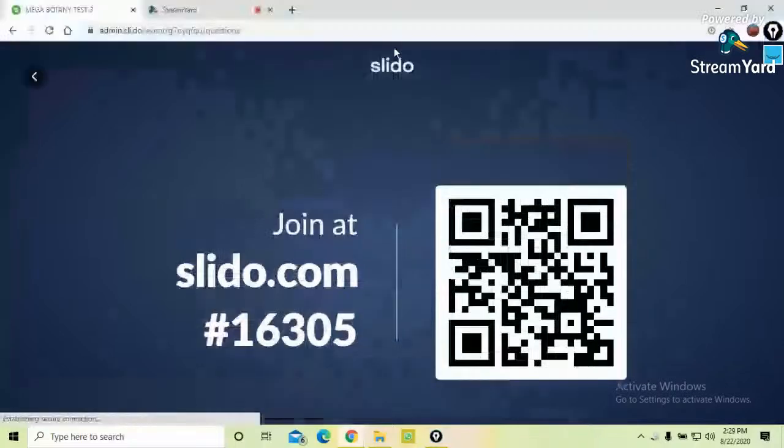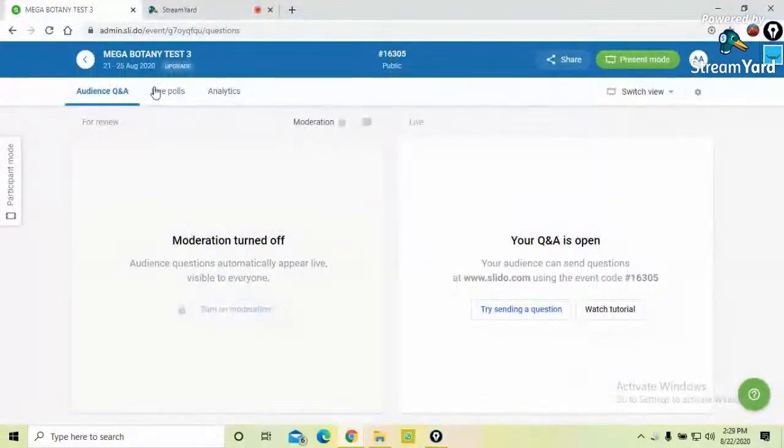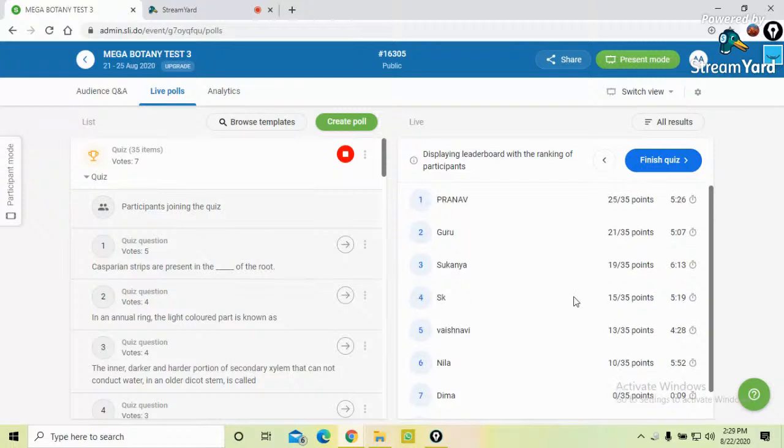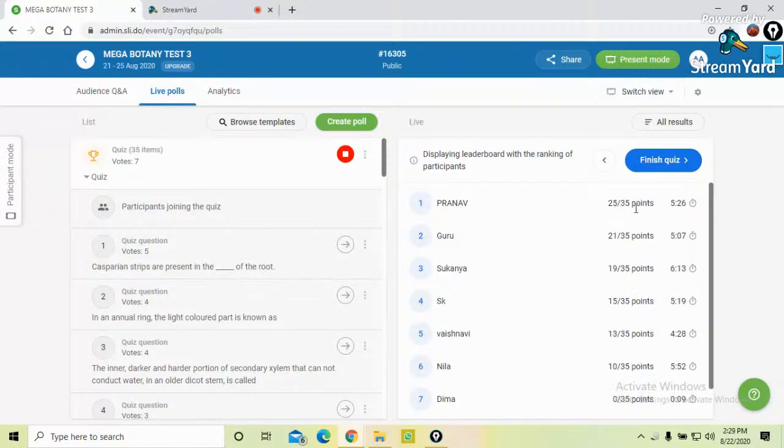So guys, tomorrow I'll be coming with a super amazing strategy for NEET 2020. Again: Pranav 25 on 35, Guru 21, Suganya 19, SK 15, Vaishnavi 13, Nila 10 on 35, Dima 0 on 35, Dr. Hari 0 on 35.